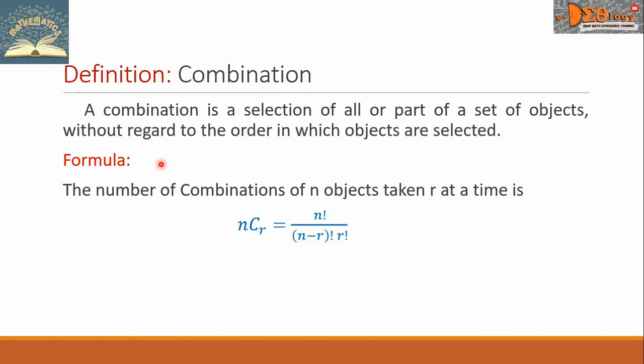This is our formula. The number of combinations of n objects taken r at a time, we're going to use the symbol nCr, is equal to the fraction where the numerator is n factorial and the denominator is (n minus r) factorial multiplied by r factorial.